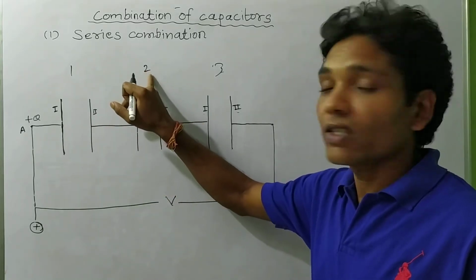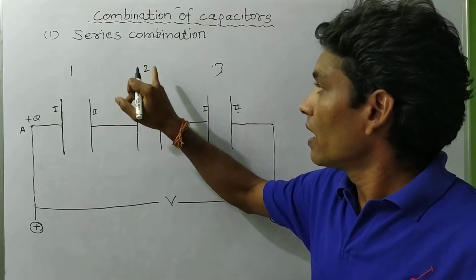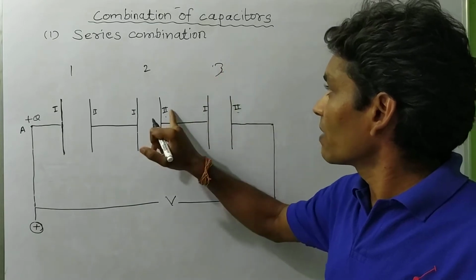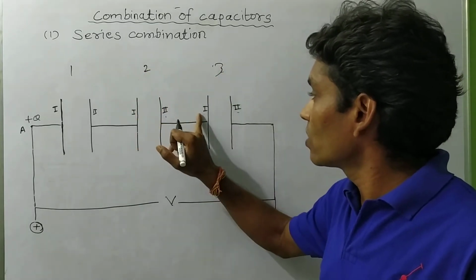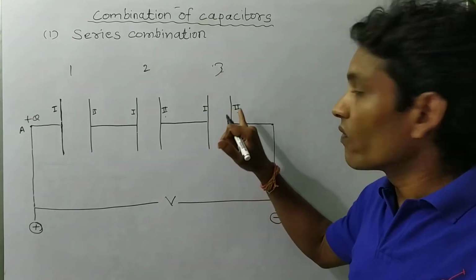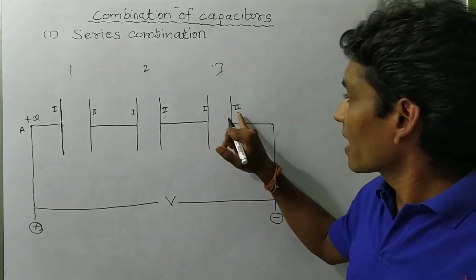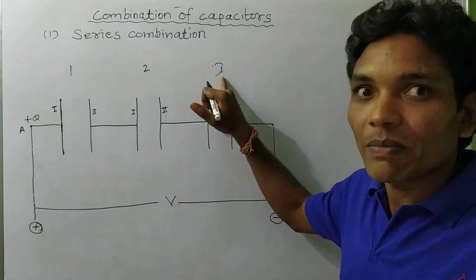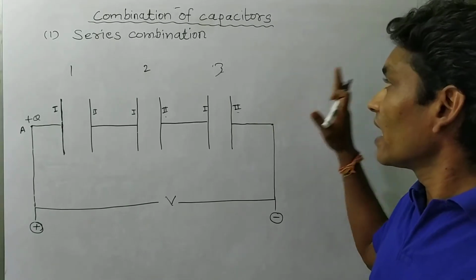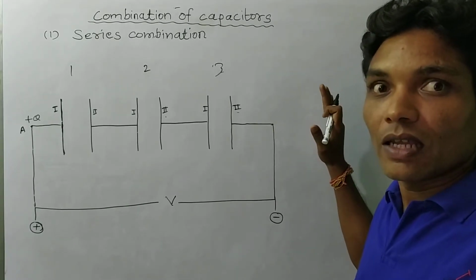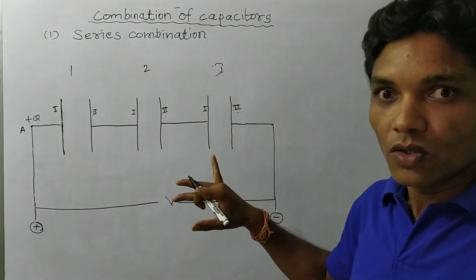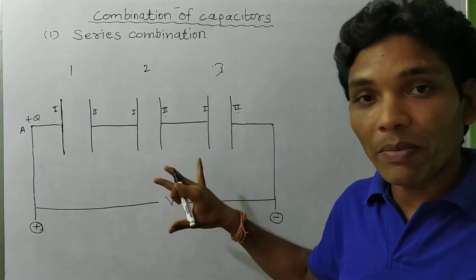Here the next capacitor is the second capacitor, and the second plate of the second capacitor is connected to the first plate of the third capacitor, and we can connect the second plate of the third capacitor to the first plate of the next capacitor. And because we have only three capacitors, we will discuss the three capacitors.